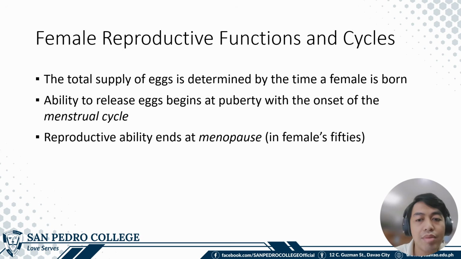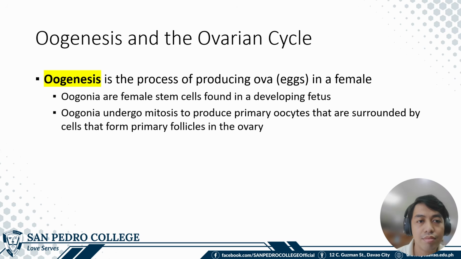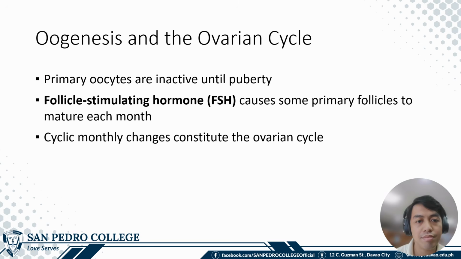So during this time, the female enters a phase called menopause, wherein there is no more egg cell left to be ovulated or released from the follicle. The process of producing the ovum is called oogenesis, which I will discuss further in a later slide. The hormone responsible to stimulate oogenesis is the follicle stimulating hormone, or FSH.